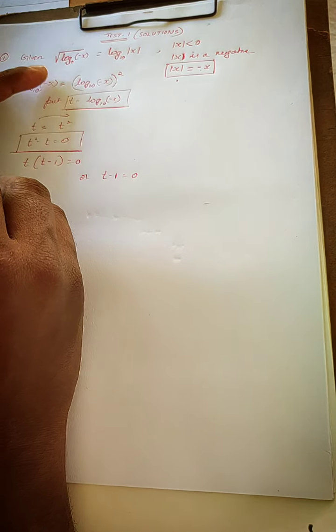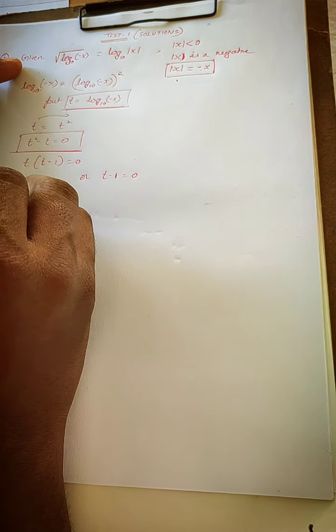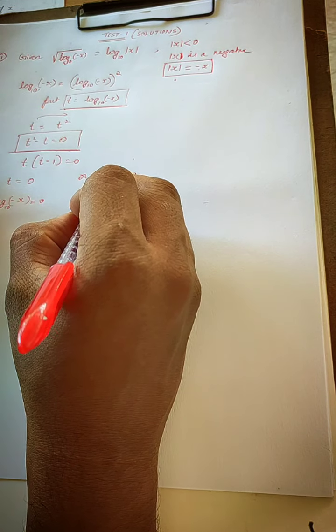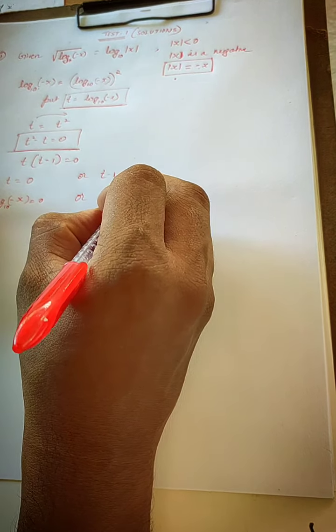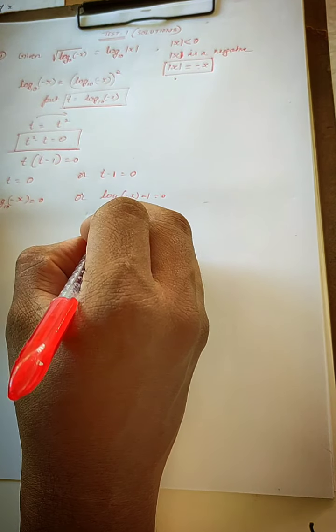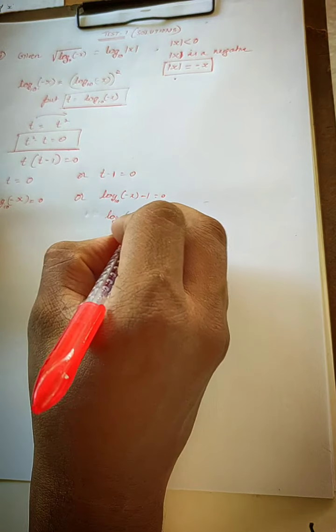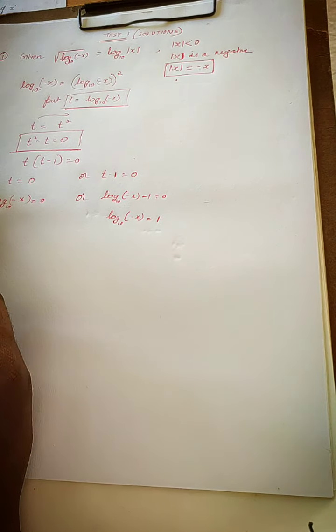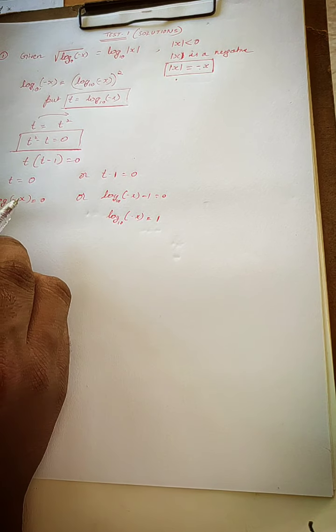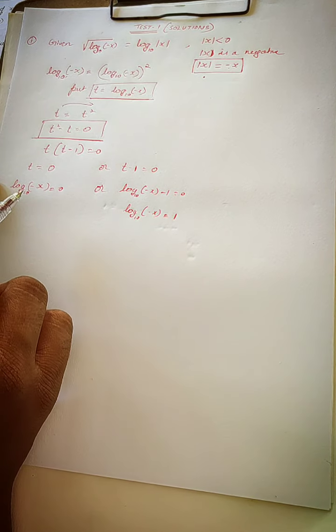So t is nothing but log of minus x to the base 10, which is equal to 0, or log of minus x to the base 10 minus 1 is equal to 0. In this condition I can shift the minus 1 to the other side and write it as equal to 1. Now recall the formula of log. For what value will I get the log value as 0?